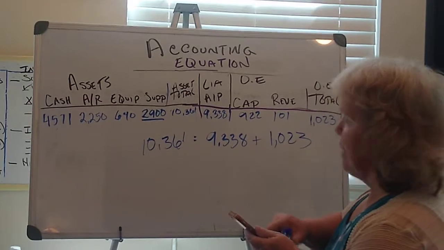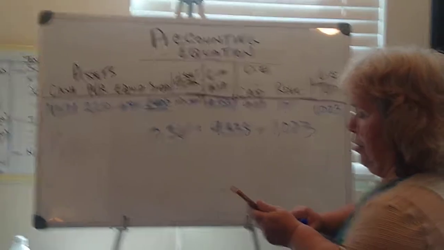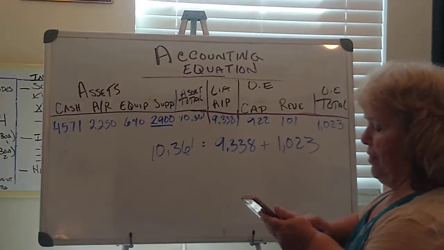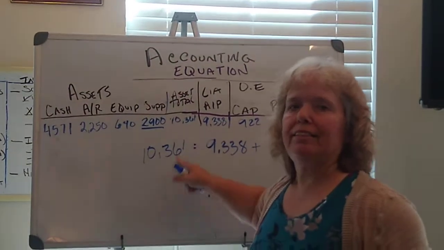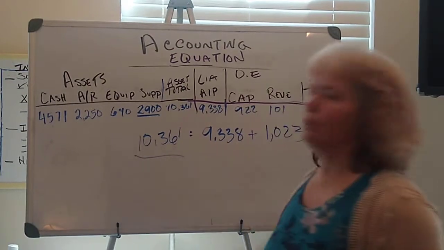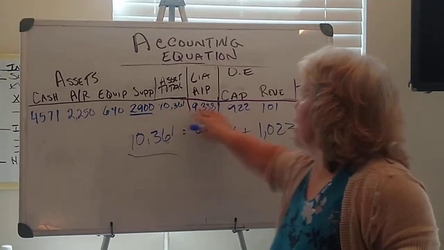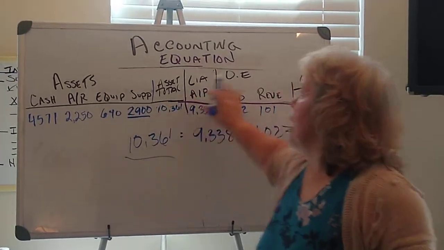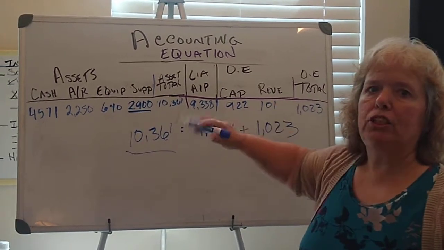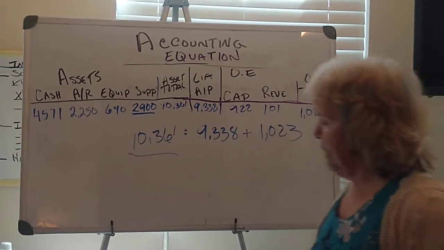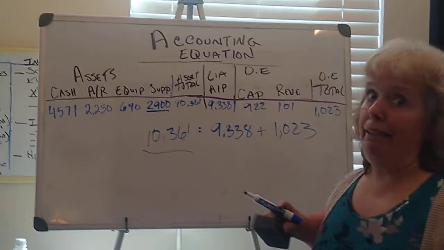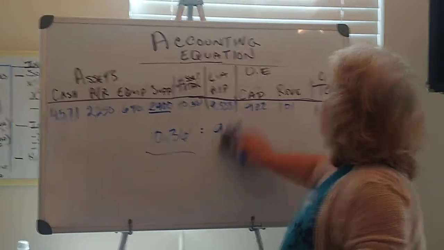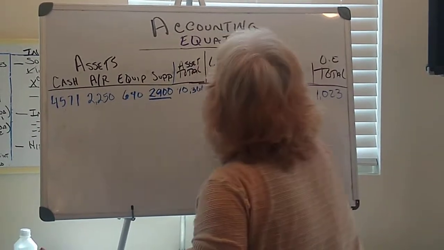Drum roll, please. 9,338 plus 1,023 equals 10,361. Okay? So always check your accounting equation on each one. Make sure it matches. If it doesn't, then either you did something wrong or I did something wrong. All right. Let's do another one.